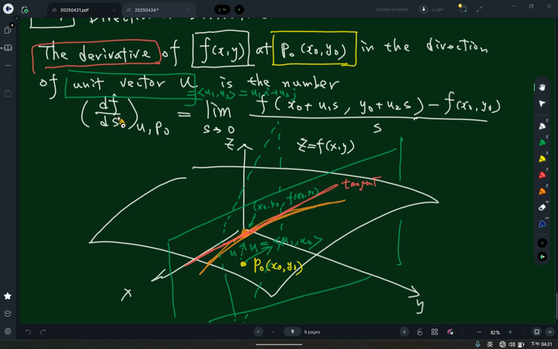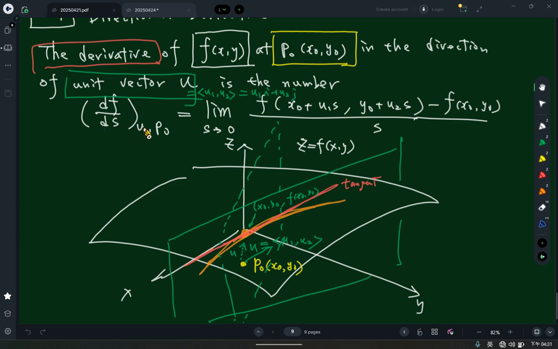You can notice that it is about evaluating a small change in s, how much will be caused in the f value. So df here is the change of the f value, right?